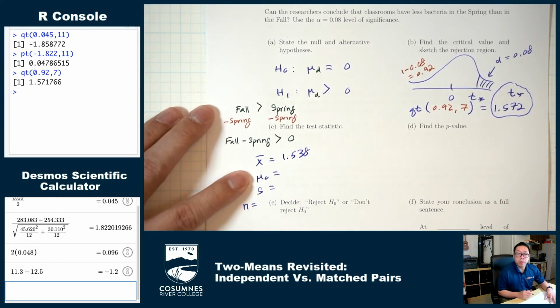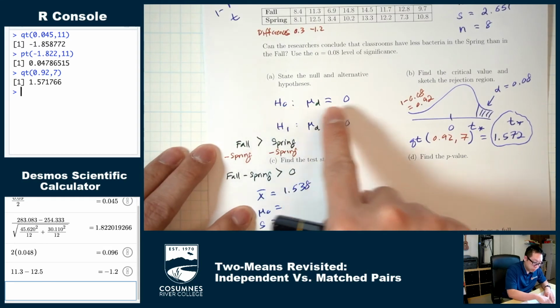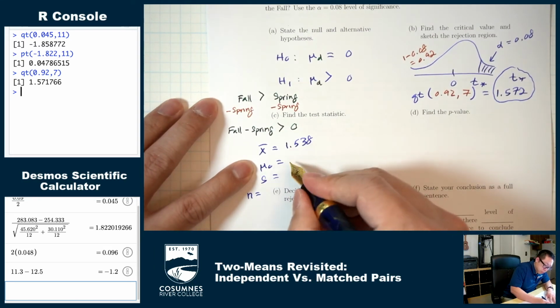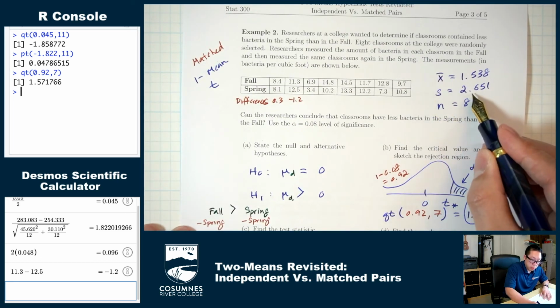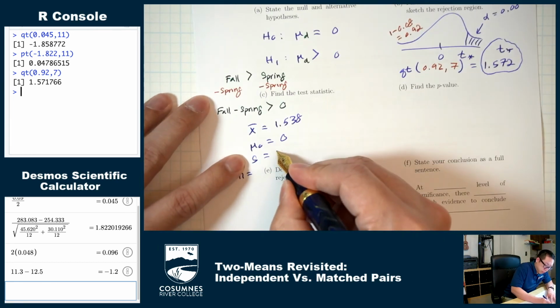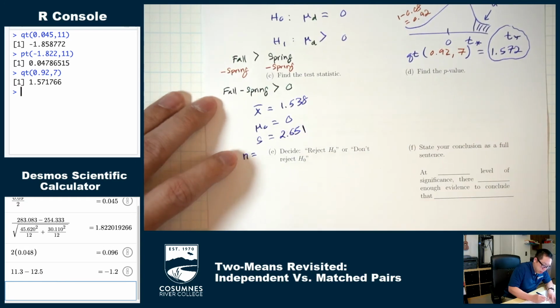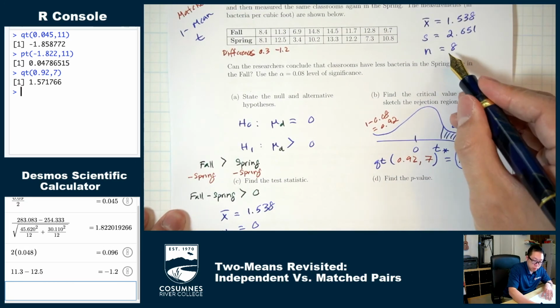Mu 0 is the mean that you use in H0, so H0 was 0. S, standard deviation, 2.651. N, sample size, 8.